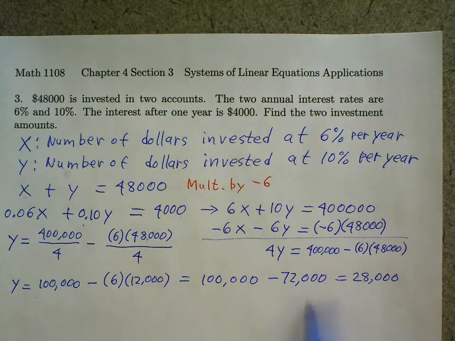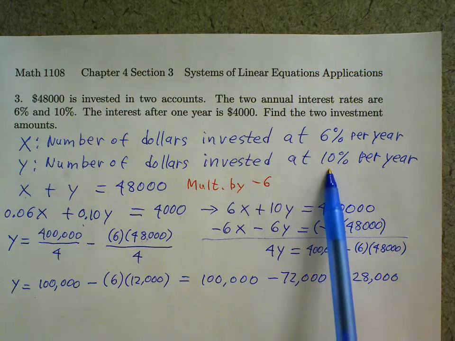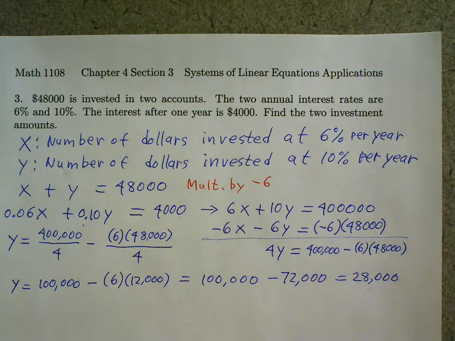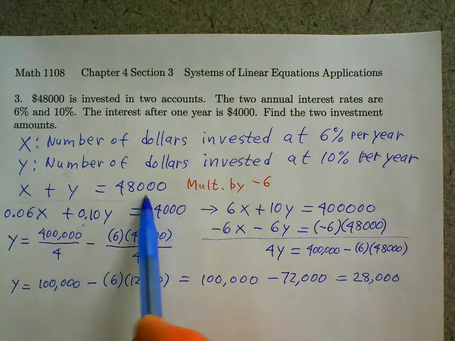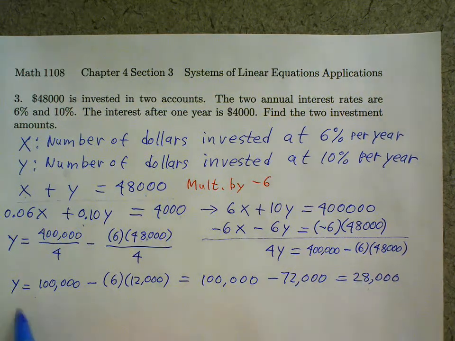Okay, so that's the value of Y. $28,000 was invested at 10%. The total amount invested was 48,000, so that means X is 20,000.